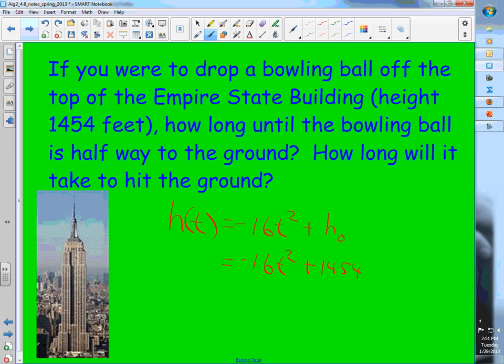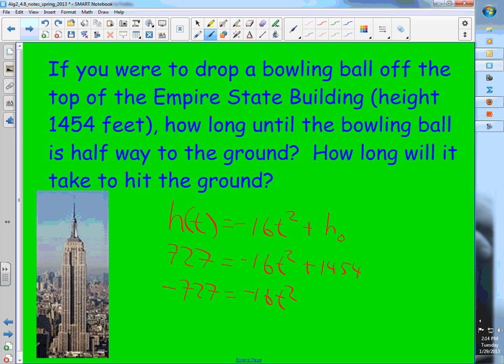H of t is 727. How are we going to solve this? So you're going to get negative 727 equals negative 16t squared.